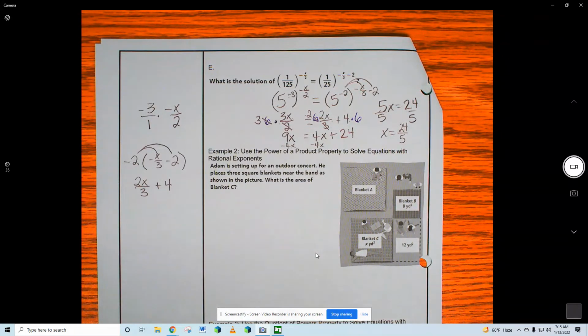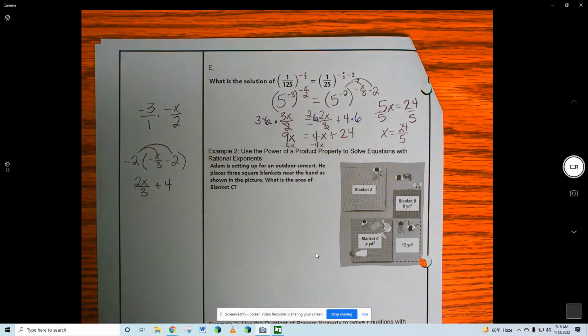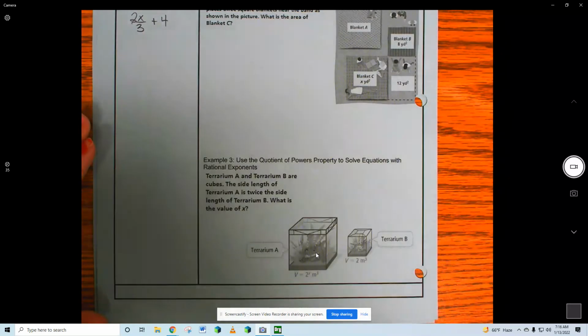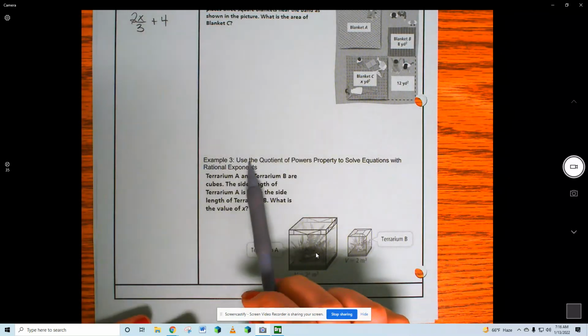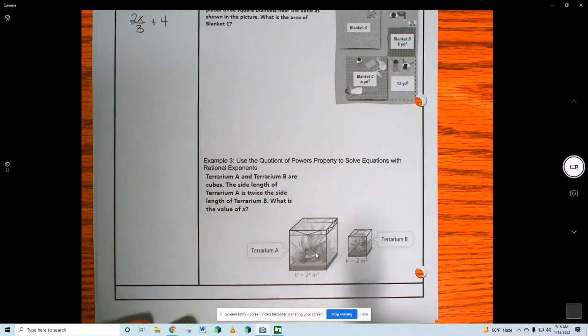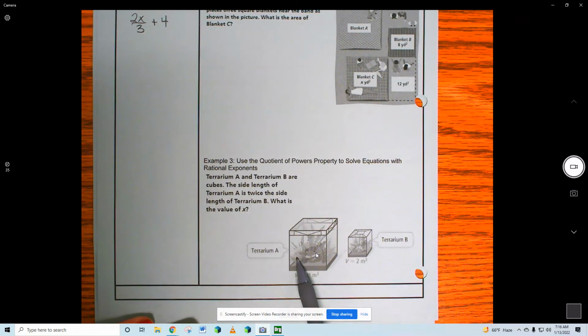Okay. So with these, I want to do example 3. Using the quotient of powers property to solve equations with rational exponents. Terrarium A and B are cubes.